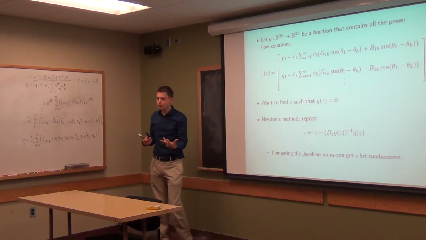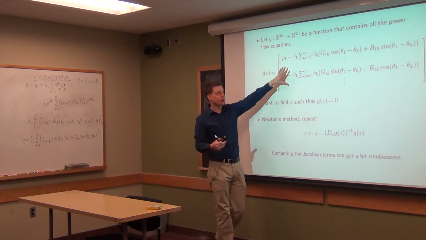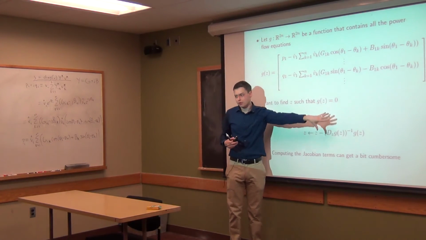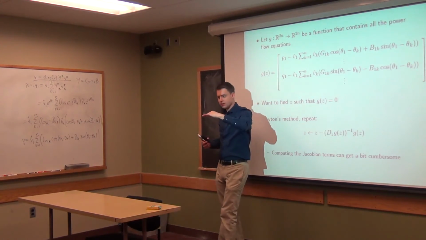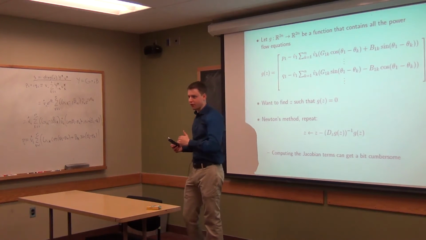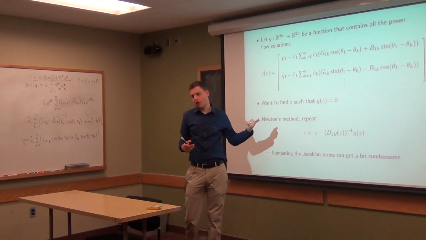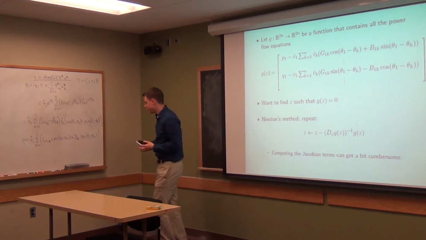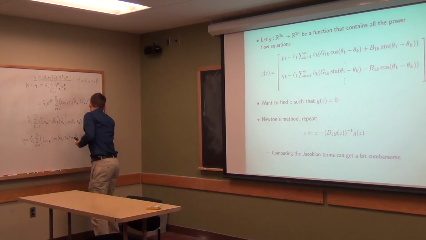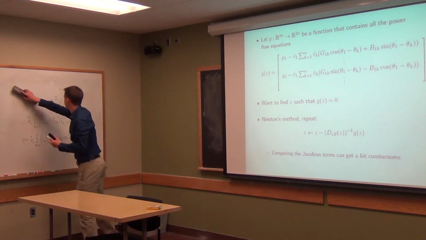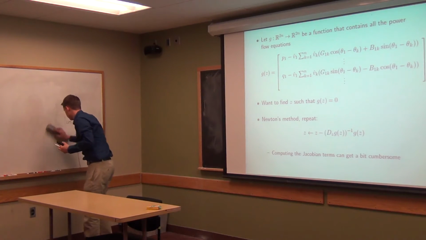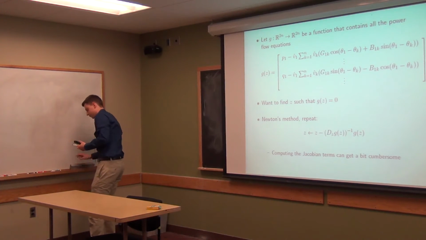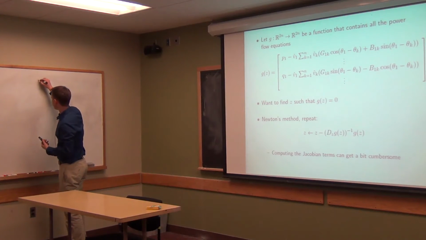we have our unknowns. We have our power flow equations. We can just write out a list of all those 2n power flow equations. They are functions of our unknown variables. And we now have a function, g of z, this is a vector valued function.